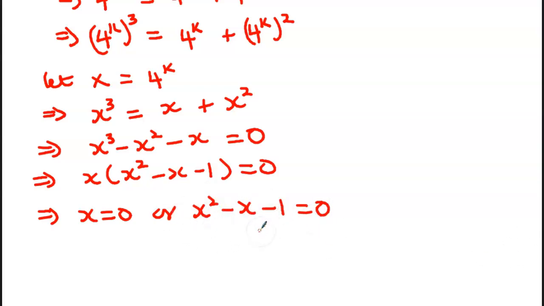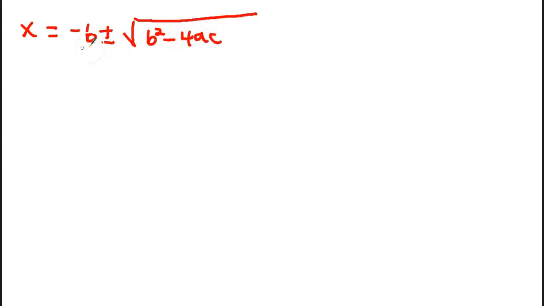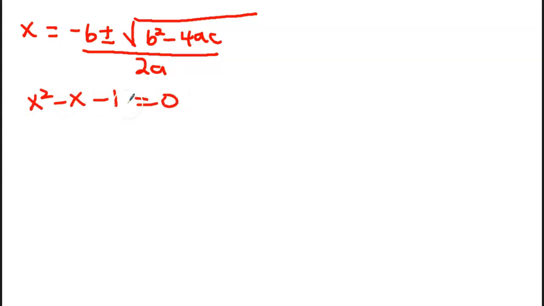Now, looking at this quadratic equation, it's very difficult to get the factors. So we can use the quadratic formula. Now, if you have x squared minus x minus 1 is equal to 0, using the quadratic formula, x is equal to minus b plus or minus square root of b squared minus 4ac over 2a.